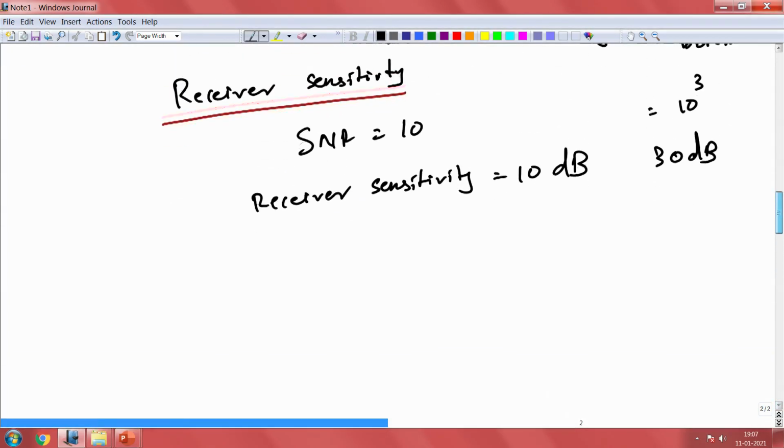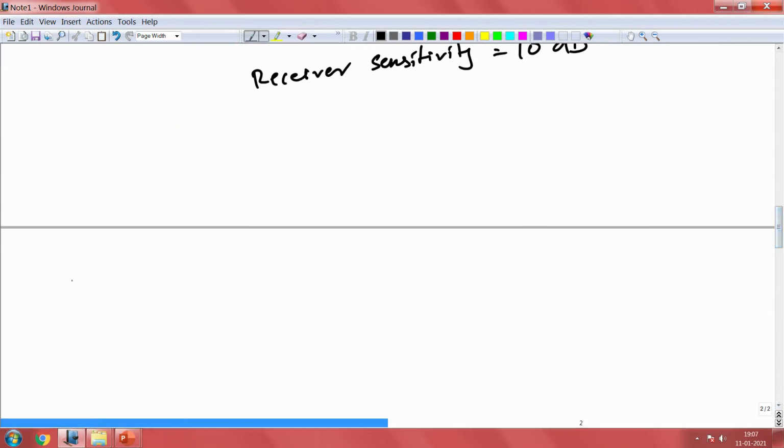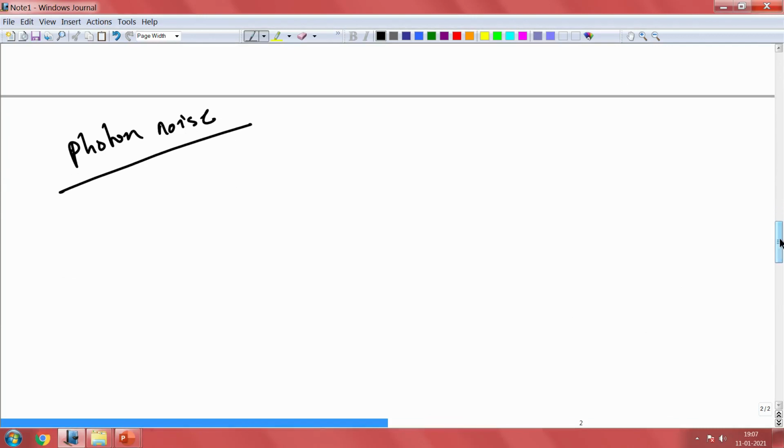So starting with the photon noise. The photon noise is a source noise, because the photon flux is associated with a fixed power. So you have a certain power, and this is proportional to some n number of photons here.